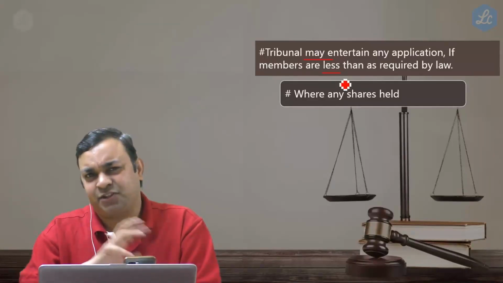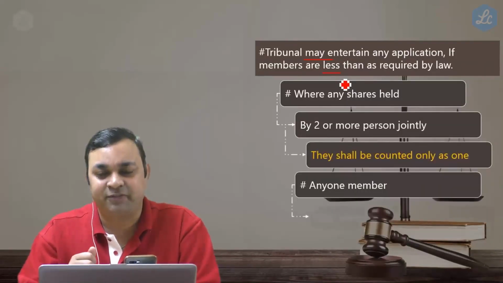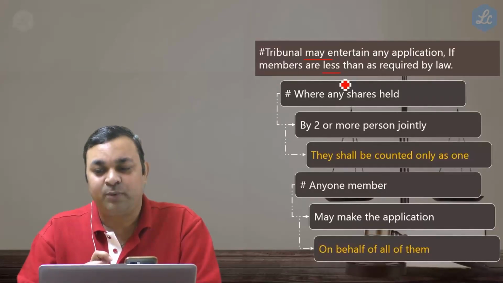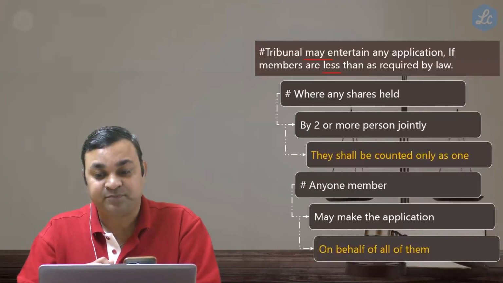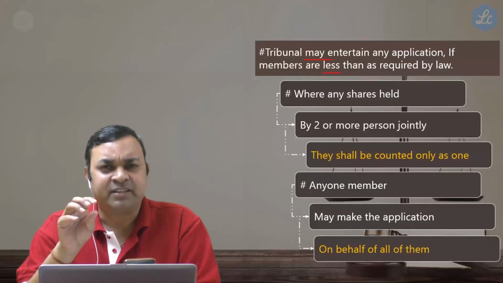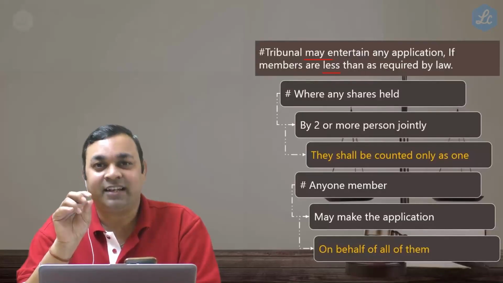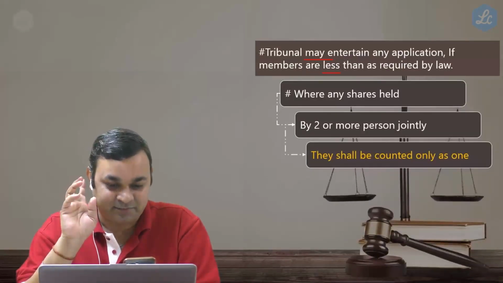Now some extra shots, what-if concepts an examiner may ask. First point: where any shares are held by two or more persons jointly, whether they will count as one or not. Suppose, for example, there is a husband and wife, Mr. A and Mrs. A, and both are holding only one share.